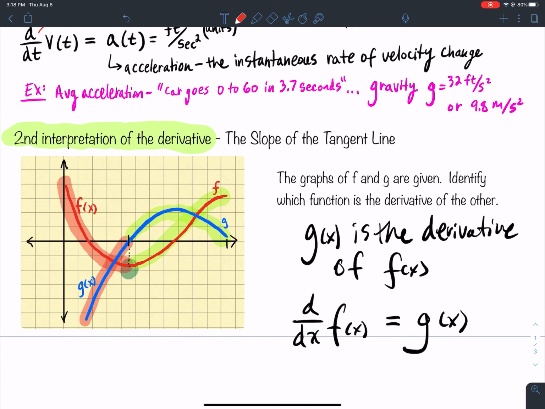And if I'm trying to plot this, if I plot this right here, maybe this is an output of m equal to 1.5 or something, and then therefore I get this plotted out at the 1.5 level. If I plot my slope here, I get an m equal to 0, and that gives me a 0 here. If I plot it here, it looks like it's starting to level off again, so maybe that's an m equal to 0.2, right? And so that's where I get my 0.2 going on right there.